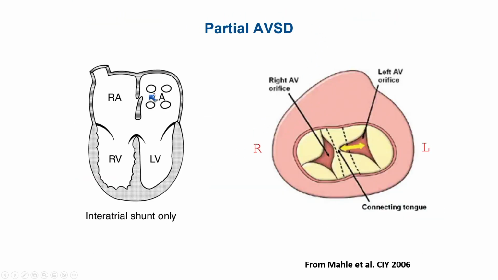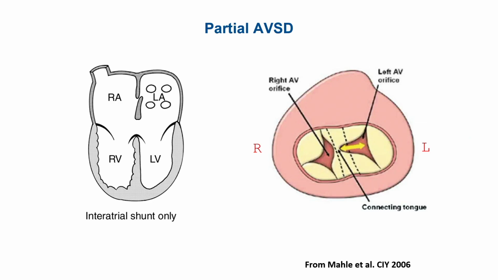Now, the partial AVSD is a common AV valve with 2 orifices. And the superior bridging leaflet is usually attached, in the most common form with the primum ASD, to the crest of the ventricular septum. And then you have a bridge between the two, the superior and the inferior leaflets, so they're fused partially. And you get 2 orifices. This area here is what is called the cleft. It's not really a cleft.